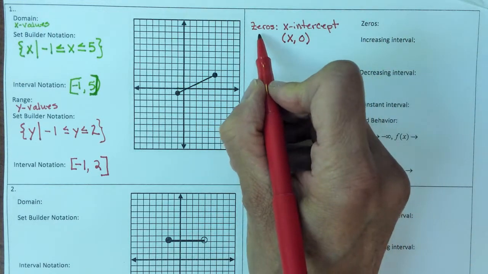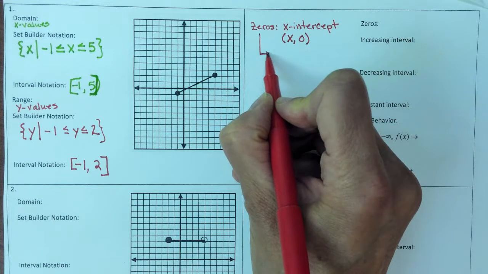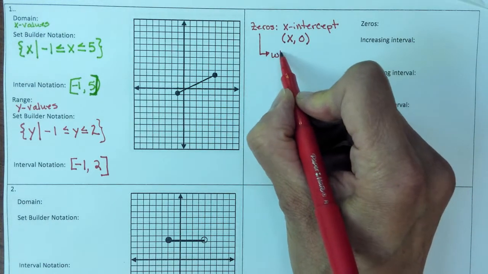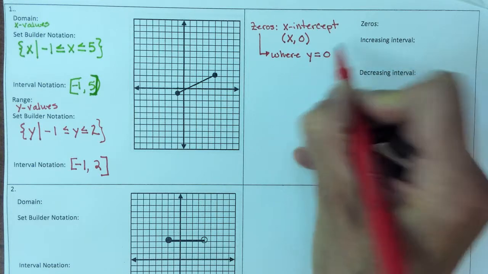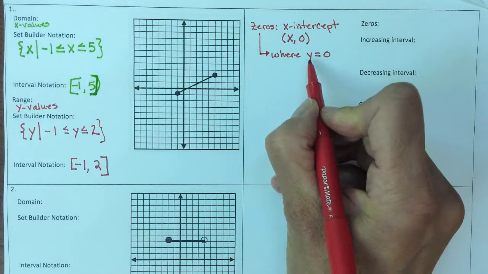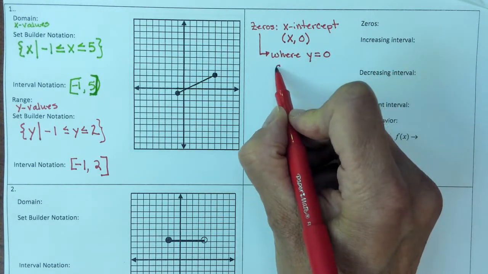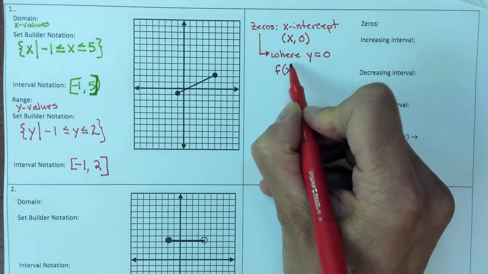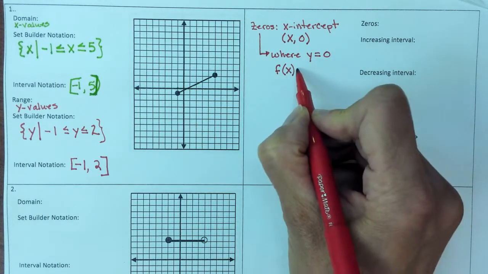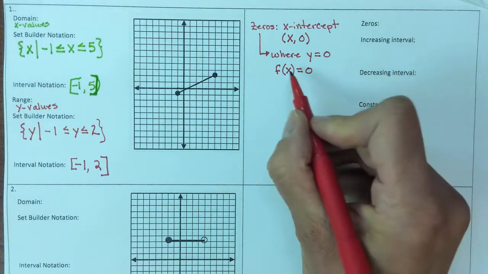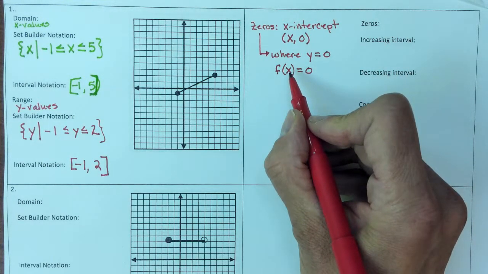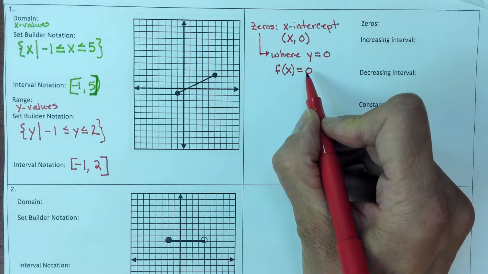So zeros is a shortcut nickname for where y equals 0. We can also say f of x is the same as y. So where y is 0, I'm looking for some value of x when y is 0.